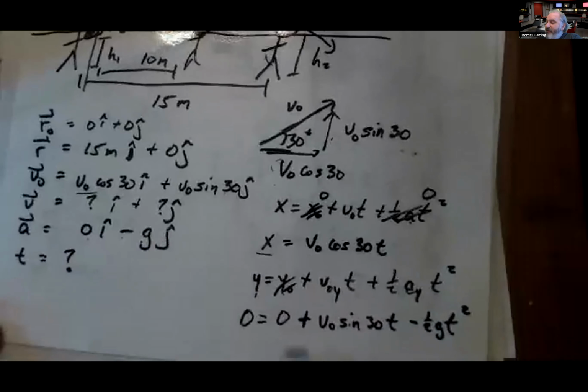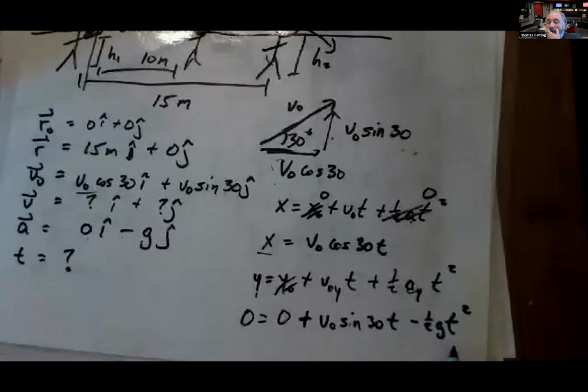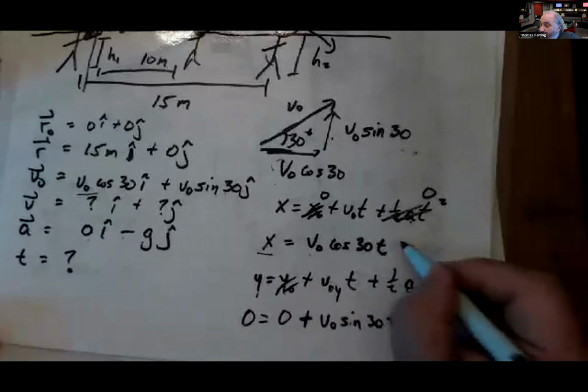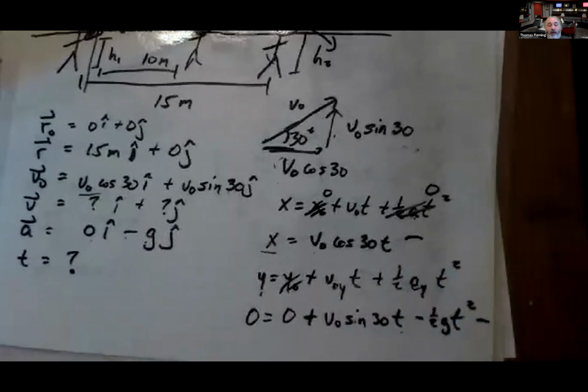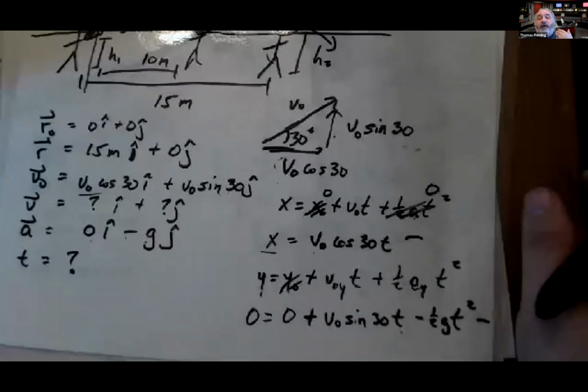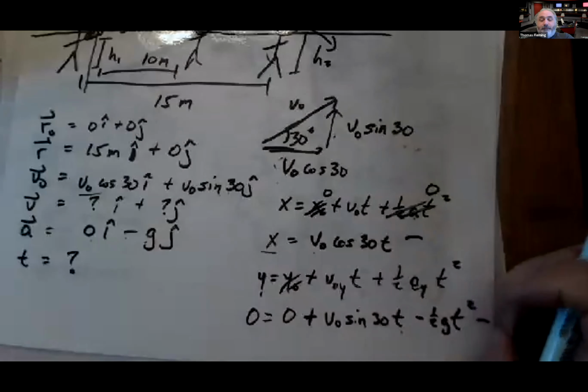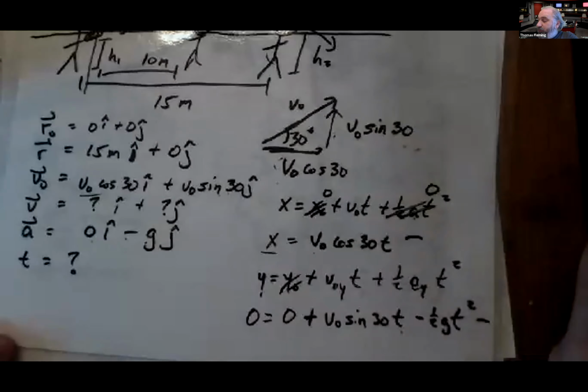And again, I can't solve this problem because I have t, which I don't know, and v initial, which I don't know. But between this equation and this equation, I have two equations and two unknowns. That is a solvable system. I can totally do that. So let's put the two equations together and end up solving.